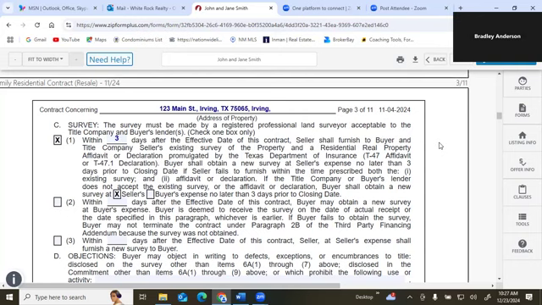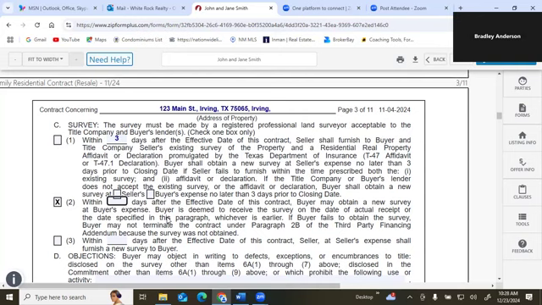Okay, now in option 2, this is what's changed. In option 2, you could then say within X amount of days of the effective date, buyer may obtain, it used to say buyer shall, buyer may obtain a new survey at the buyer's expense.